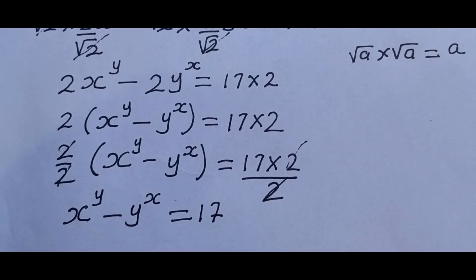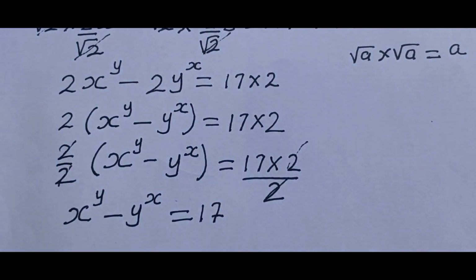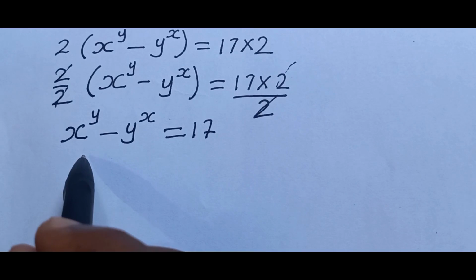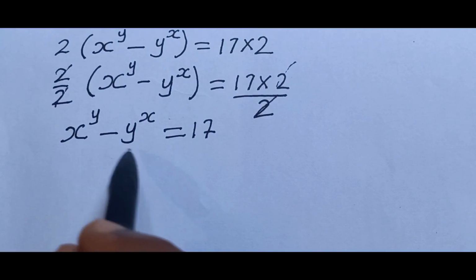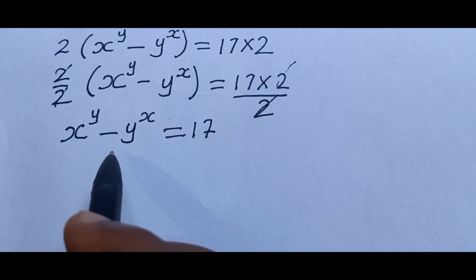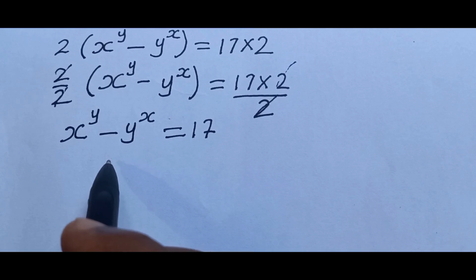So the next step here is to express the left hand side as the difference of 2 squares. How do we go about?